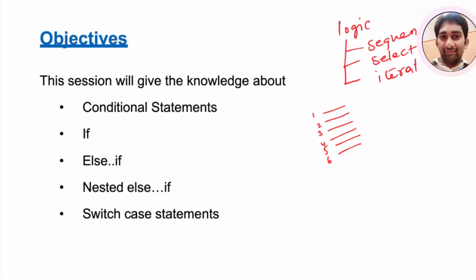Next one is selection. When it comes to selection, as the name itself specifies, we are going to select something. Let us assume that we went to a restaurant. In the restaurant, there are three recipes: recipe 1, recipe 2, and recipe 3. I mean, three types of dishes are there. Or for one dish, there are three ways they have prepared that particular dish.